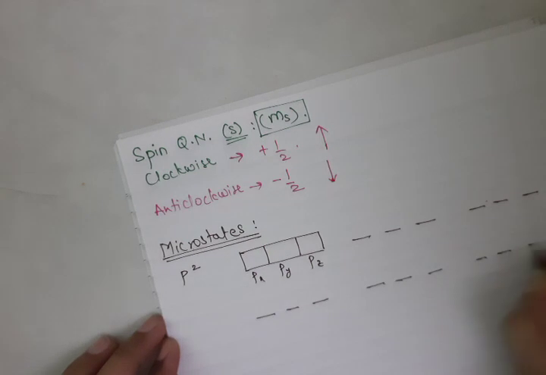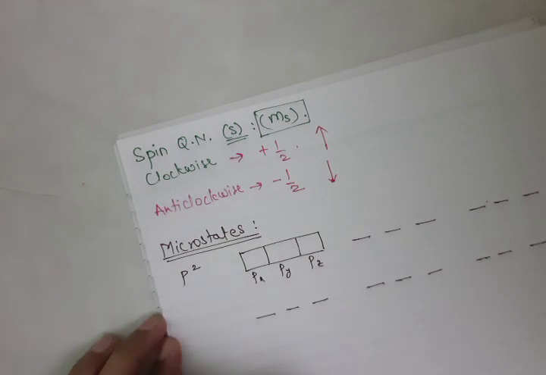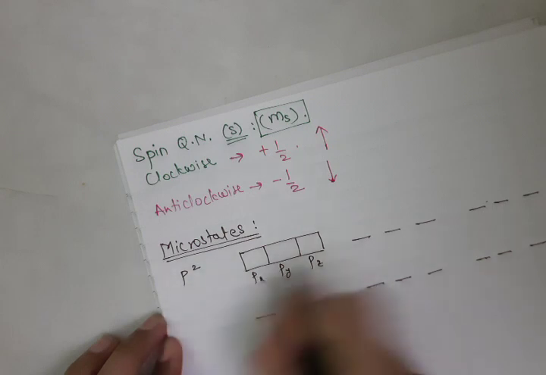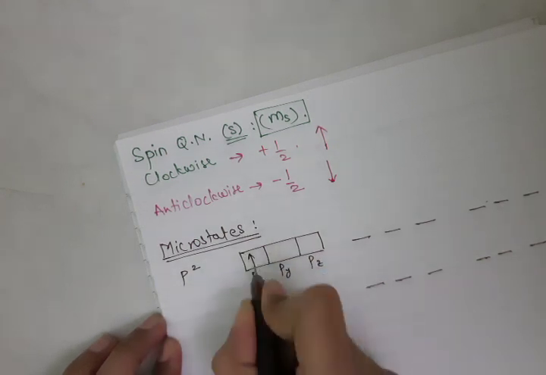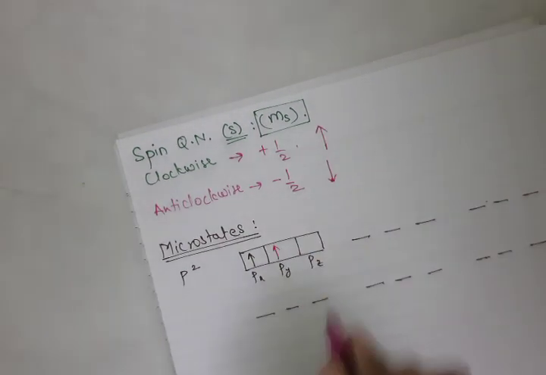The sequence is the same, I'll not write it everywhere. You just see what I'm doing. P2, a 2 electron system, and if you want to arrange these 2 electrons into these orbitals, I'll say I want to put this electron here and one more electron here.